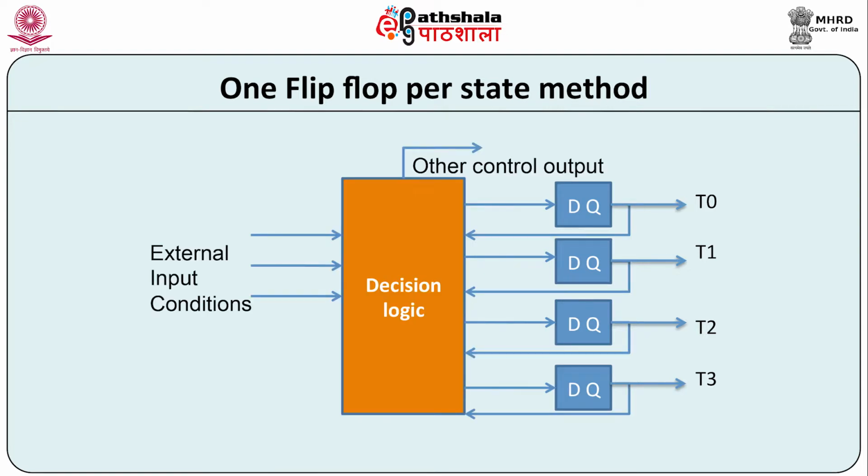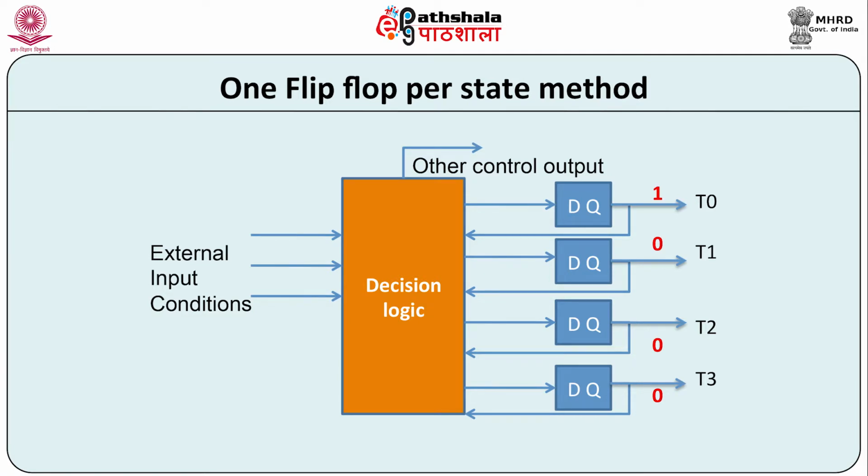These outputs are also fed back to the decision logic, indicating the present state of the system. The decision logic accepts external input conditions if any, and also produces signals for other control outputs.